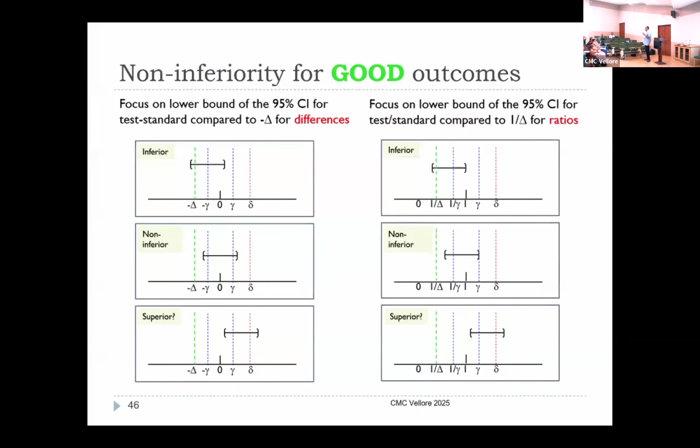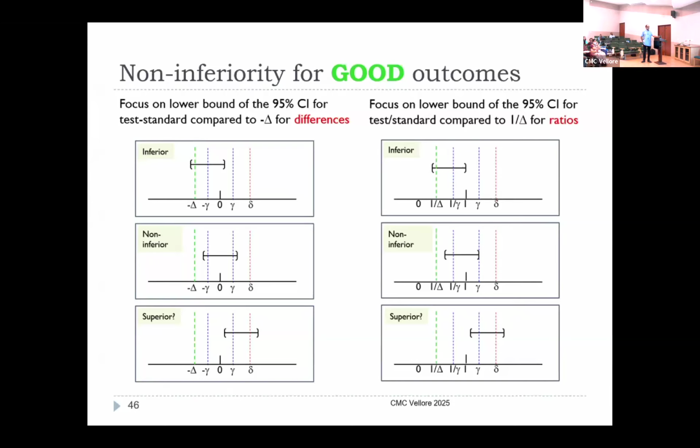We have to say that, just like we do not accept the null hypothesis, we fail to reject it. So here we fail to reject the null hypothesis of inferiority, and we cannot say that it's not inferior. Ideally, the lower bound of the confidence interval is to the right of the non-inferiority margin. So this point here should be above that at the end of the analysis.